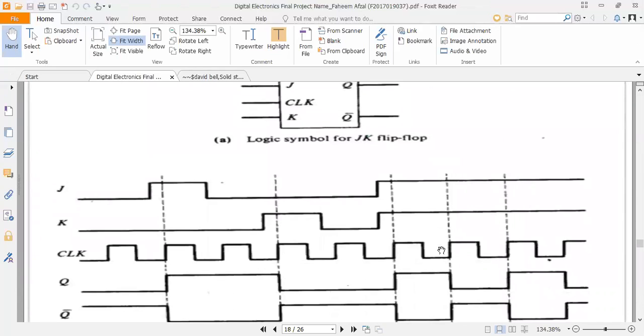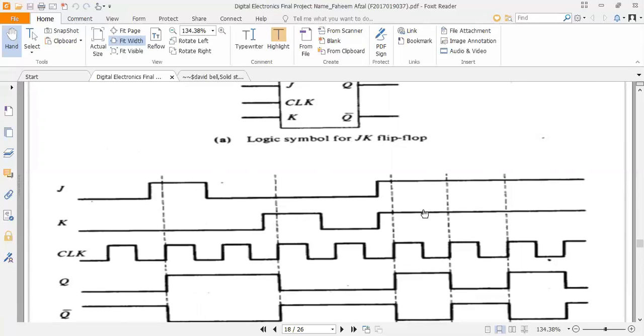JK flip flop is similar to the clocked SC flip flop. There is no bubble here, so it will work on the rising edge. The exception is that the SC flip flop's output becomes unpredictable when S is high and C is high.